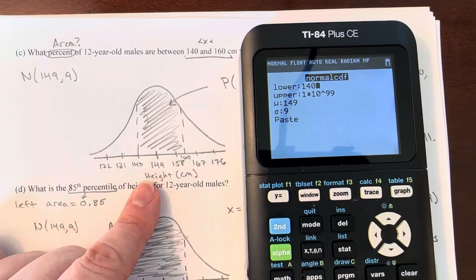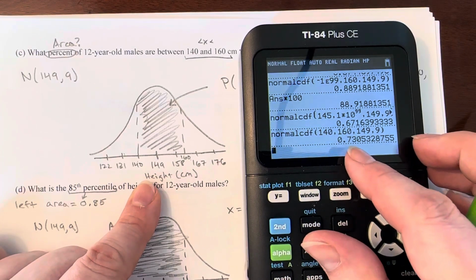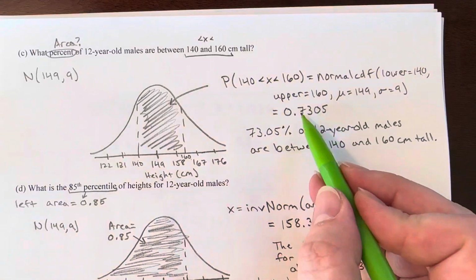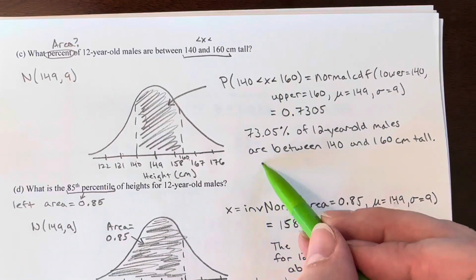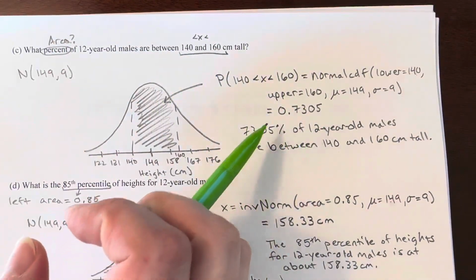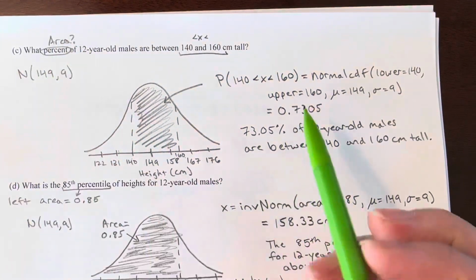I have 140 as my lower bound, 160 as my upper bound, still using the same mean and standard deviation. And I have 0.7305 approximately. Right. Multiply by 100, and 73.05% of 12-year-old males are between 140 and 160 centimeters tall. The only reason I'm calculating this as a percent is because I was asked to. If I was asked what proportion, then I would leave it as the decimal.